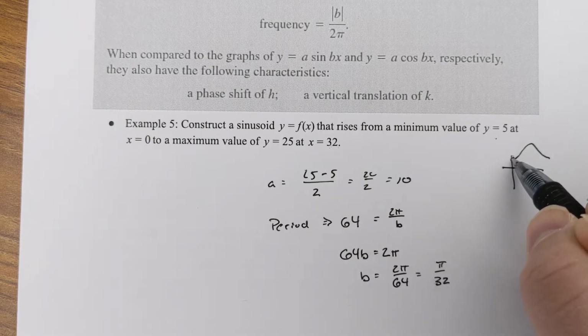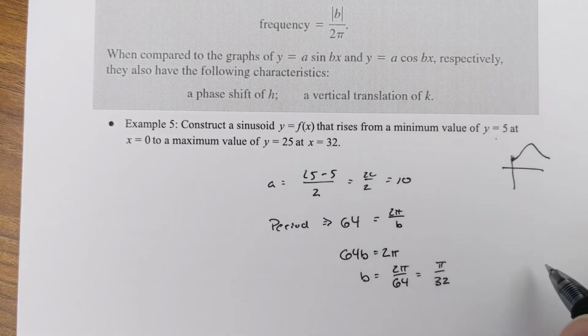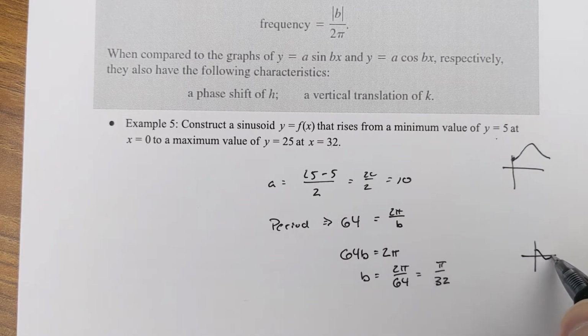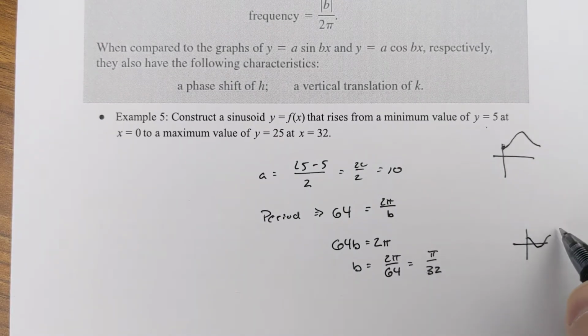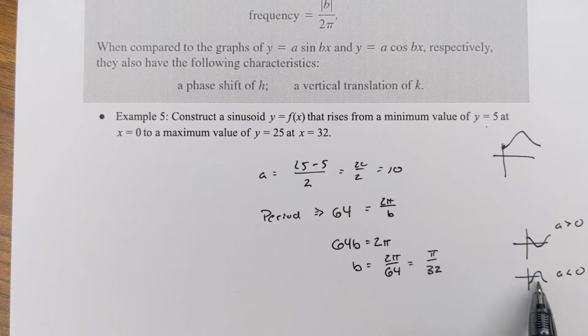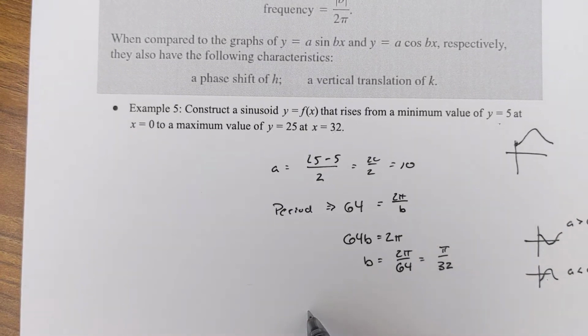Now, starting at a minimum or a maximum is actually a feature of the cosine. The cosine function either looks like this, if a is positive, or can look like this, if a is negative. So since we're starting at a minimum, we need a cosine function. So we're going to have negative 10 cosine.